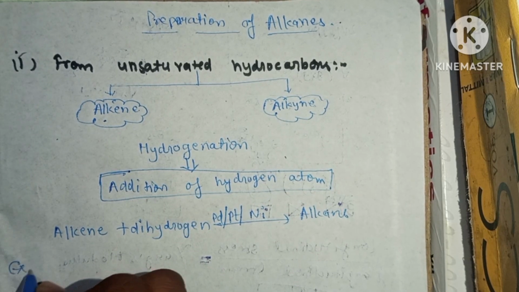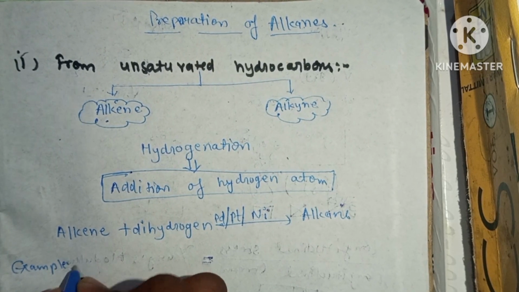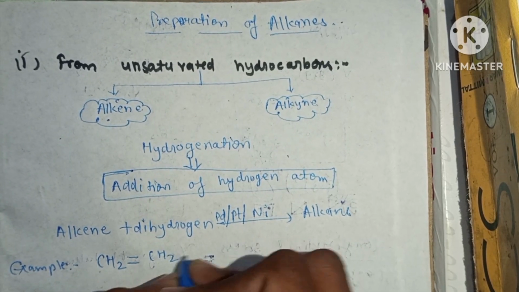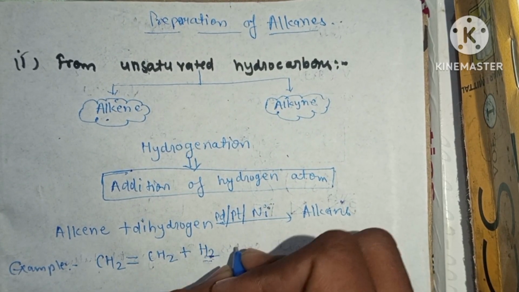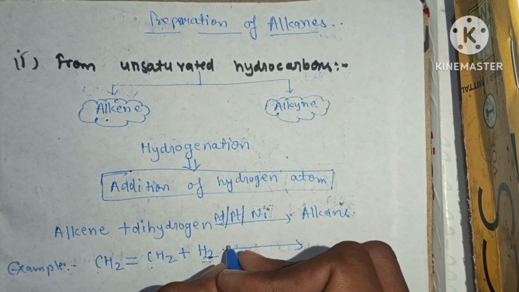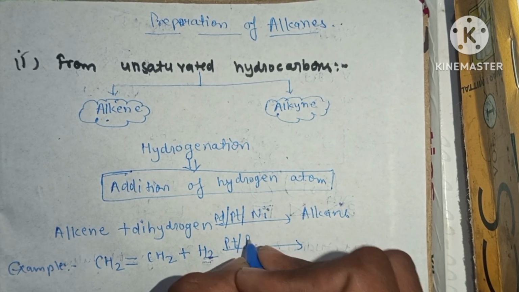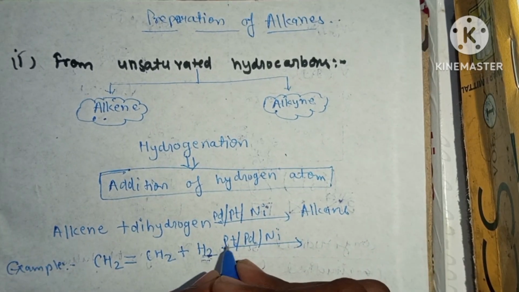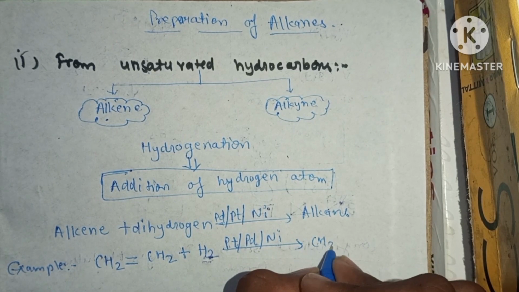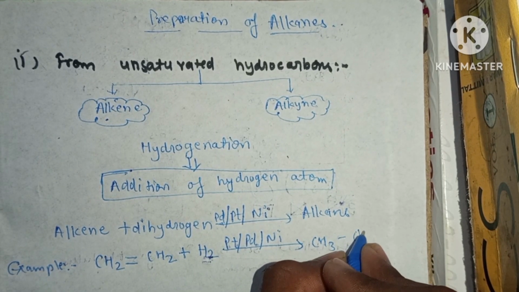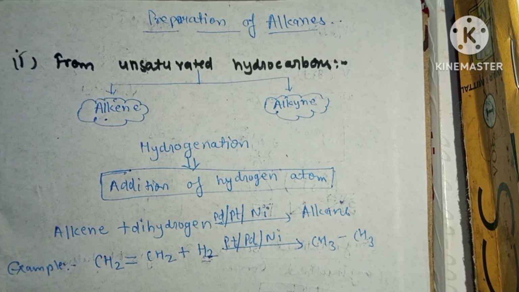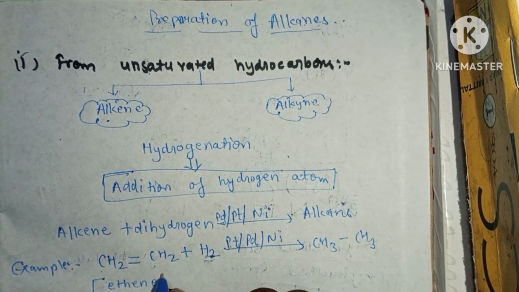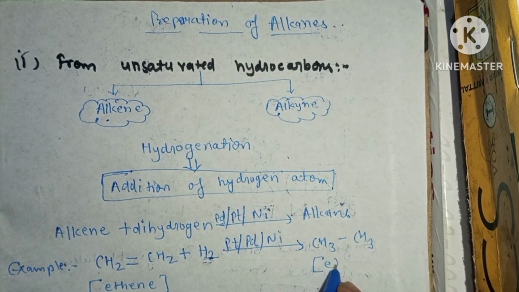Example: alkene CH2 double bond CH2 plus dihydrogen in the presence of platinum, palladium or nickel catalyst. We will obtain CH3 CH3. This is ethene and this is ethane.